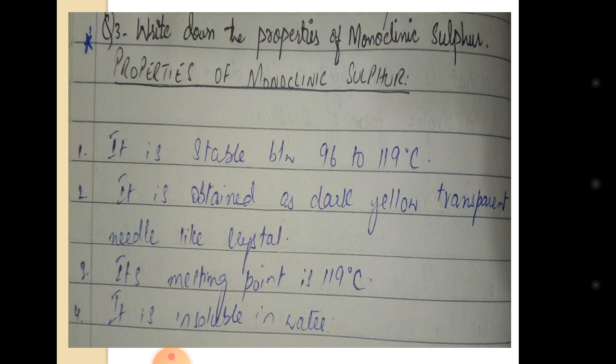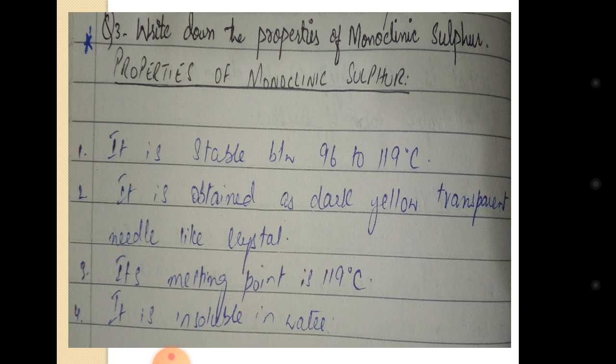Second is the properties of monoclinic sulfur. It is stable between 96 and 119 degrees centigrade. Means if you are in that temperature range, it is stable. If you are below that temperature or exceed this range, the monoclinic sulfur will convert into another form of sulfur. It will not exist other than this range.